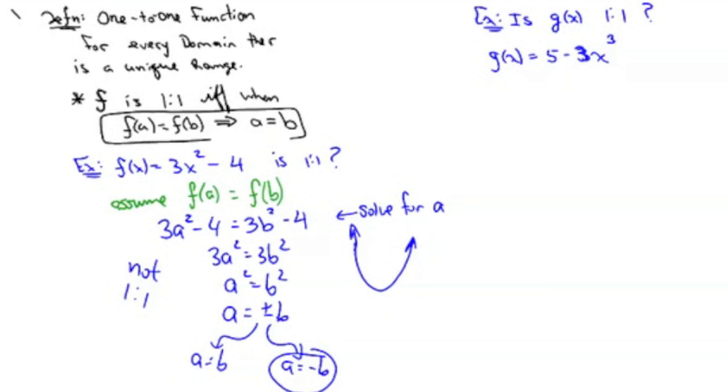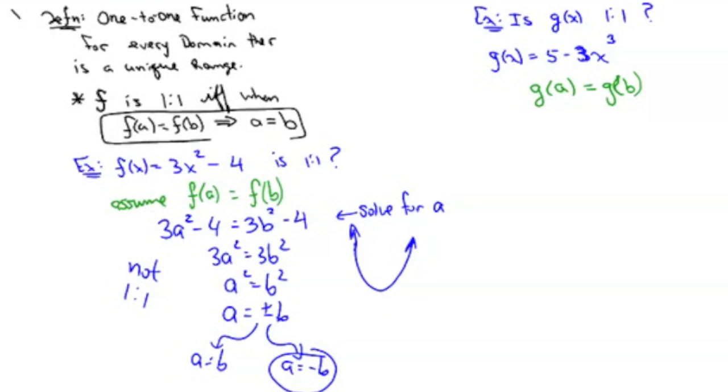Is this function one-to-one? See if our brains are warmed up yet. So if you're going to try to prove that this is one-to-one, you assume that g of a is equal to g of b for some numbers a and b. Whether they're the same or not is irrelevant.